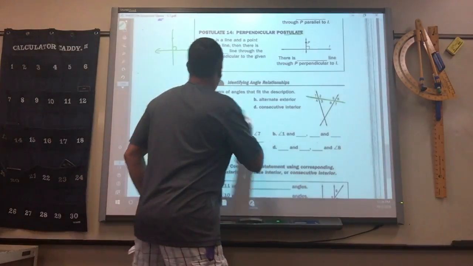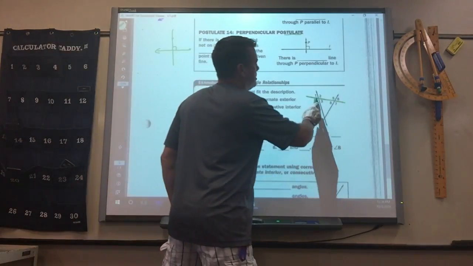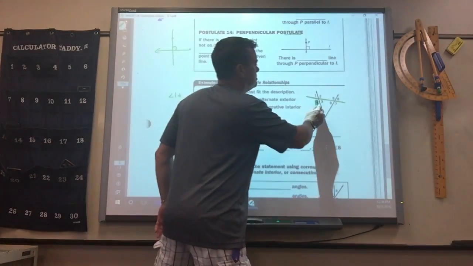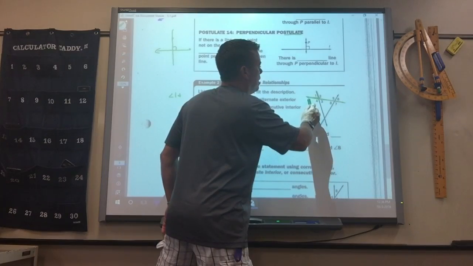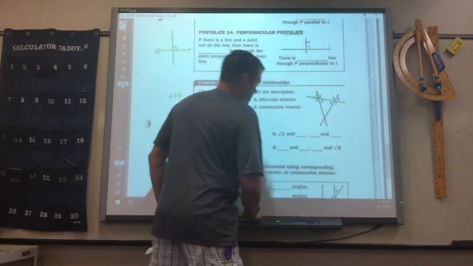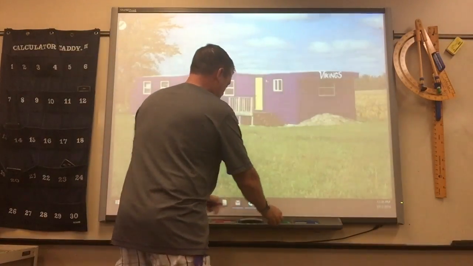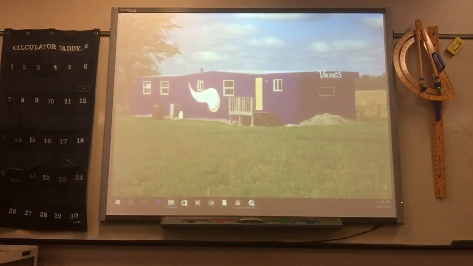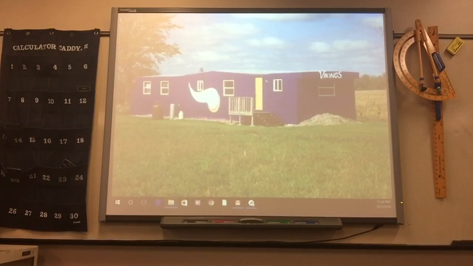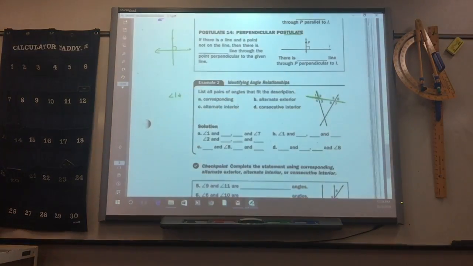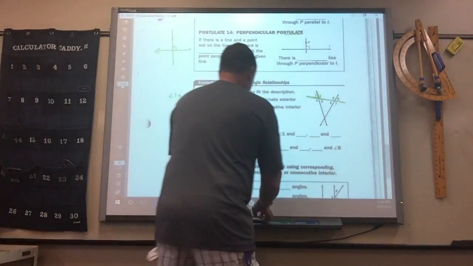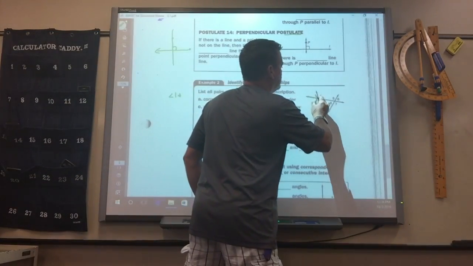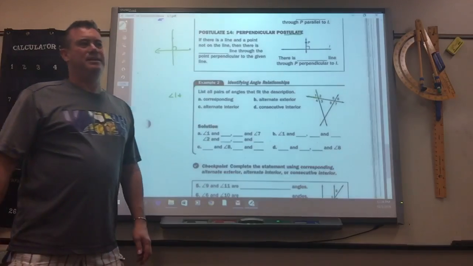So, all the corresponding angles would be angle 1, and which one? There's angle 1. What angle corresponds to that?